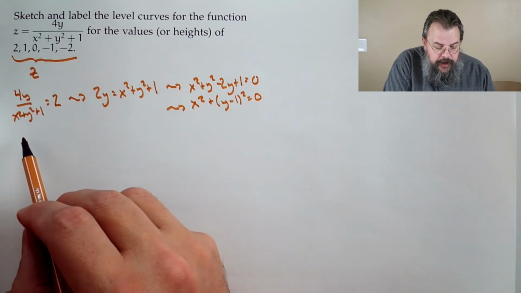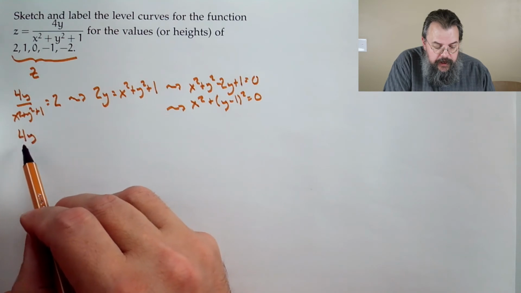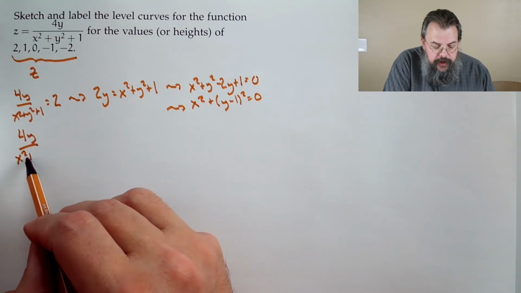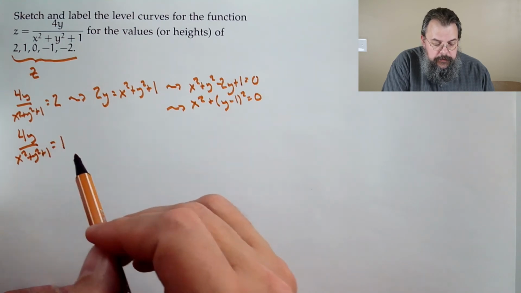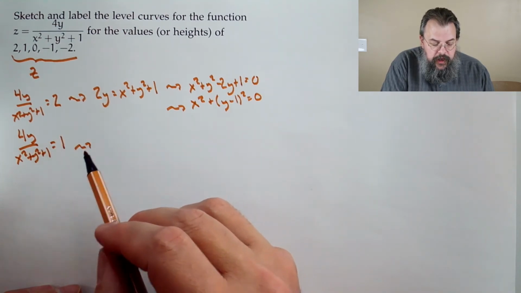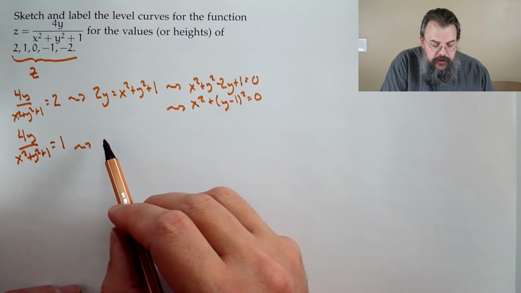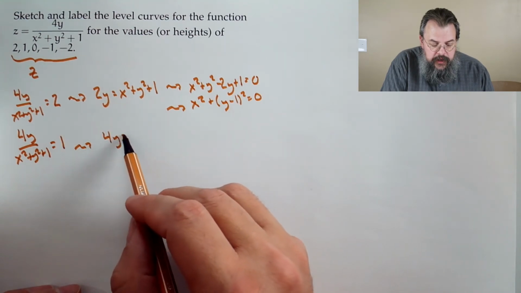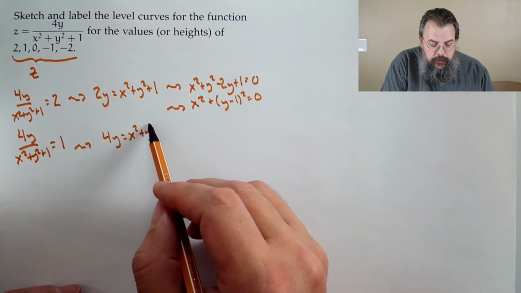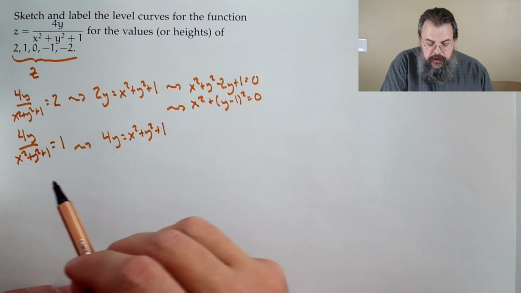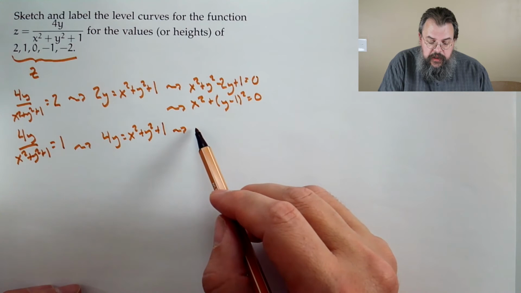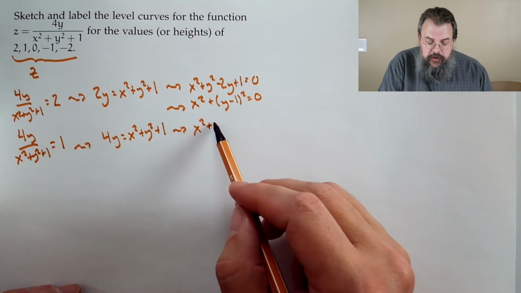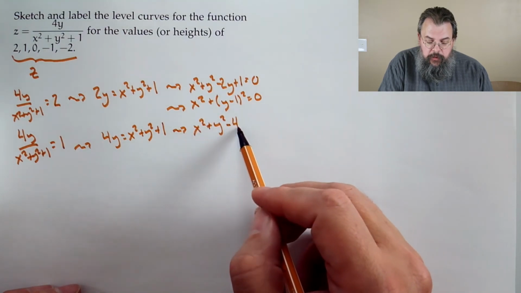How about for 1? Well, 4y over x squared plus y squared plus 1 equals 1. That would give us what? Well, it says 4y equals x squared plus y squared plus 1, because you multiply across. Or you can say, hey, that's really x squared plus y squared minus 4y.